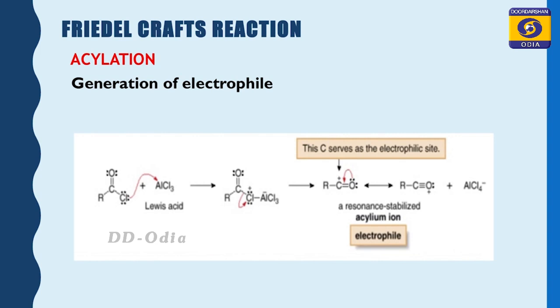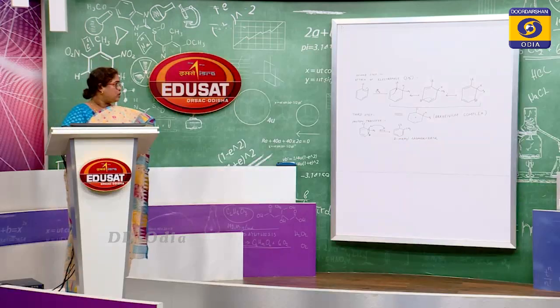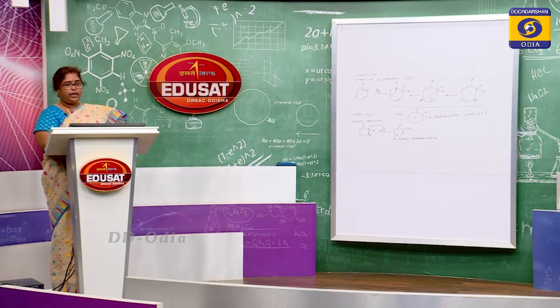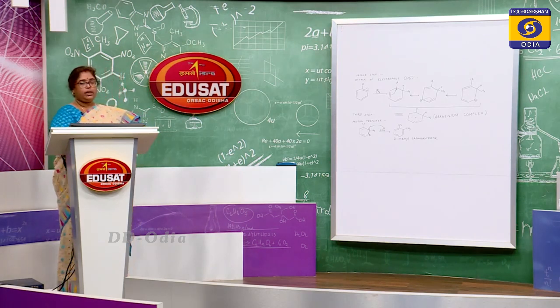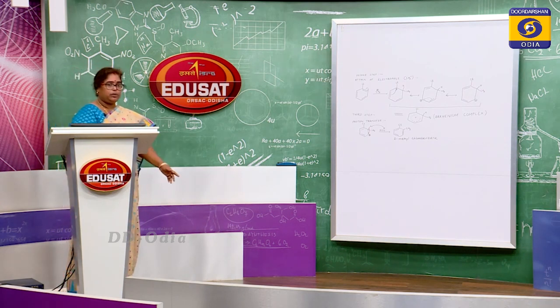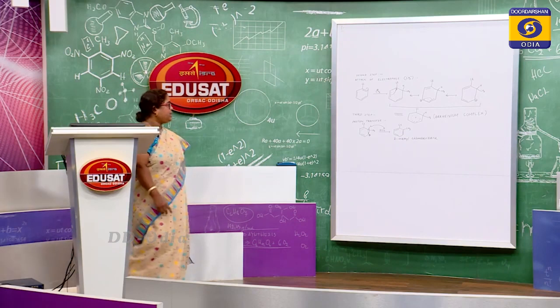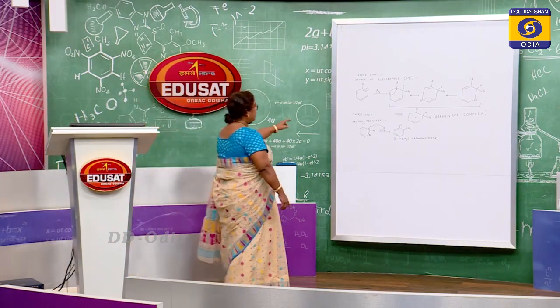So, the expected cation, the methyl cation, is produced for further addition to the reagent. This was the step for generation of the electrophile. Then what is the second step? The second step is the attack of the electrophile on the chlorobenzene. Now you may see in the diagram what happens here. The CH3 plus wants to join to this benzene ring.